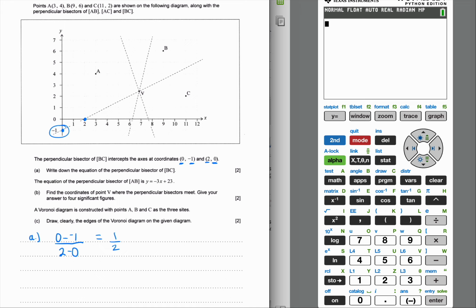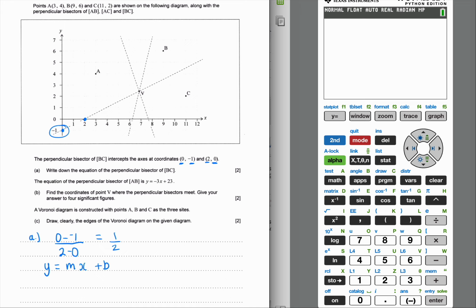Now, normally we would then find the perpendicular gradient. However, on this question, that's actually giving us the full gradient. We don't need to find the perpendicular. We already have the full gradient. So we know that the form of a straight line equation is y equals mx plus b.